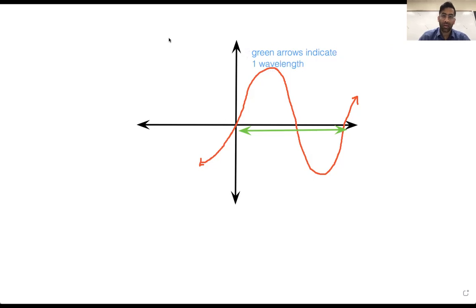Now I'm going to make one with a smaller wavelength, and we're going to see that it's going to be more frequent. I'm going to do that one in blue.